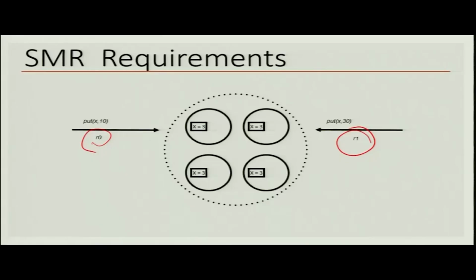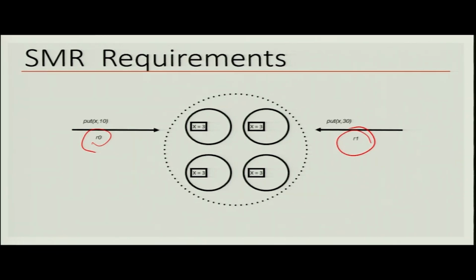Now, as I was saying, when these requests come, they may go to the replica that is closer to that client in a network sense. So, this may go to this guy on the left and this may go to this guy on the right.